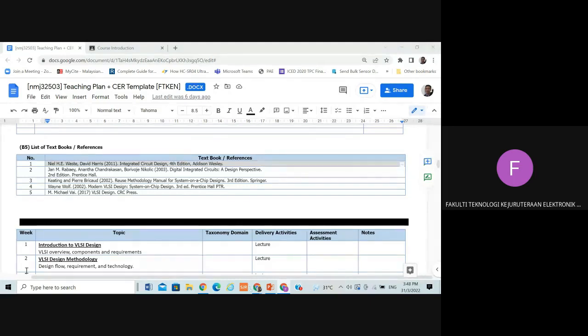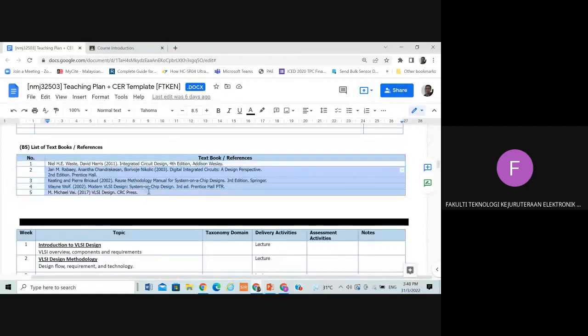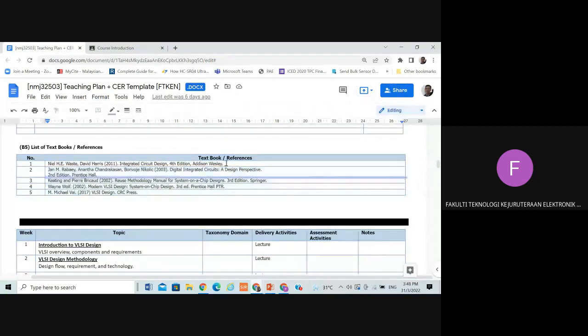References number 2, 3, 4 and 5, you may refer to when you feel the textbook does not give enough information to make you understand. I strongly suggest it, but the main textbook you have to have, to understand the subject.